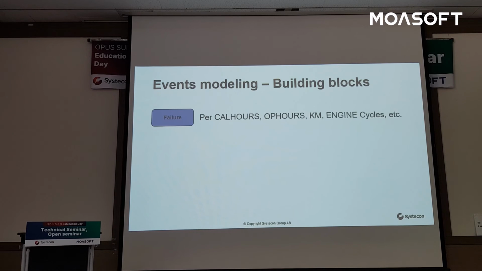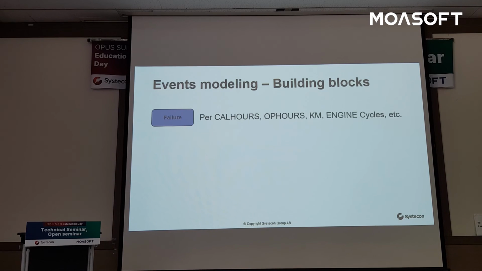They can be defined, typically, per operating hour. So if we operate on average 100 hours, then we have another event of this type. Again, that parameter is going to act as an input to the statistical distribution. But it can also be other types rather than only operating hours, and it can be calendar hours.